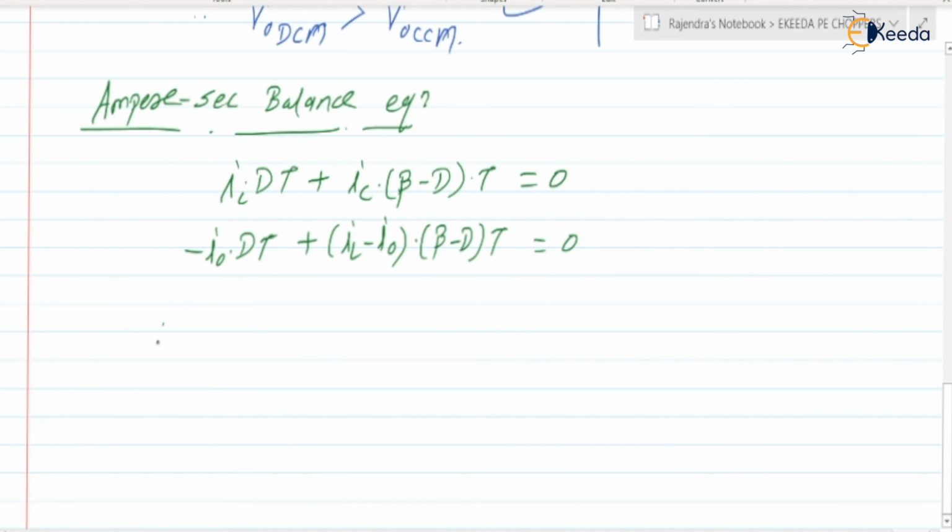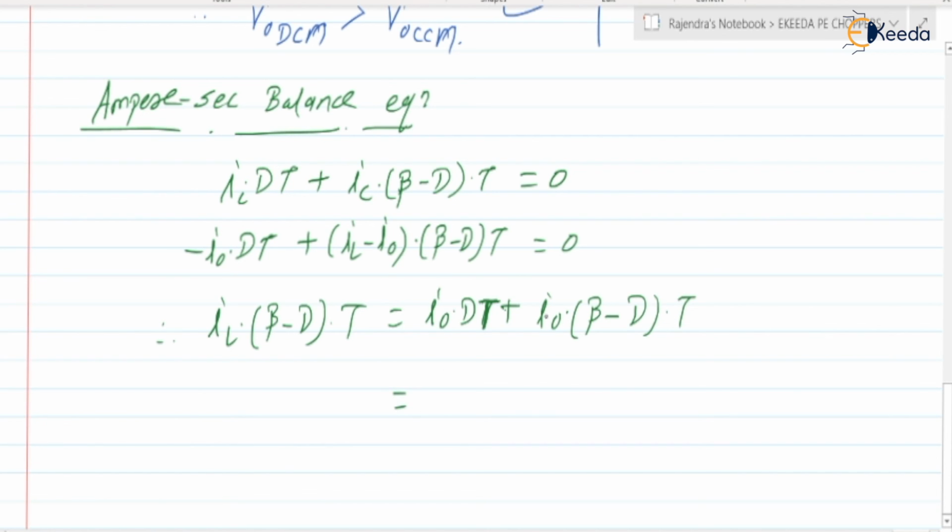So further we can write it as, shifting all the I0 terms to the right hand side, IL into beta minus d into T is equal to I0 into dT plus I0 into beta minus d into T. Further we can take I0 outside, so it is I0 into dT plus beta T minus dT.